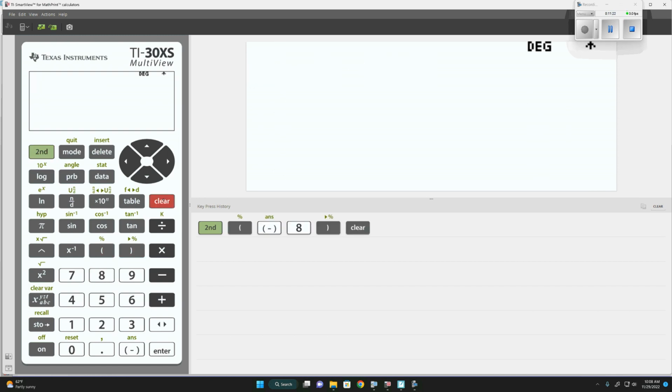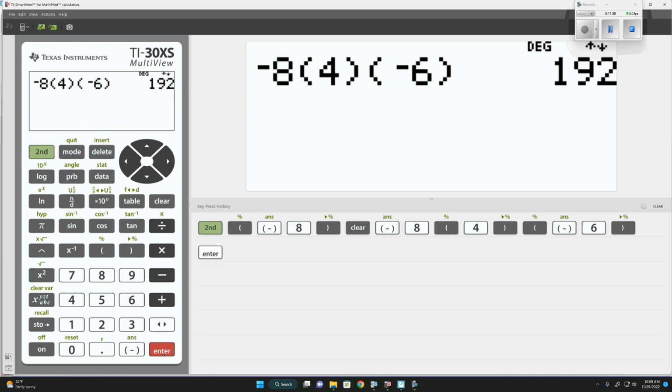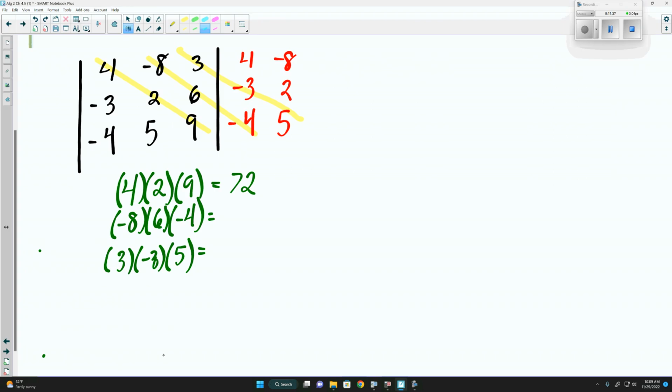I switched the negative 4, 6 and negative 4s, but it gave us the same value, because I knew we had two negatives. And the last one, 3, negative 3, and 5.